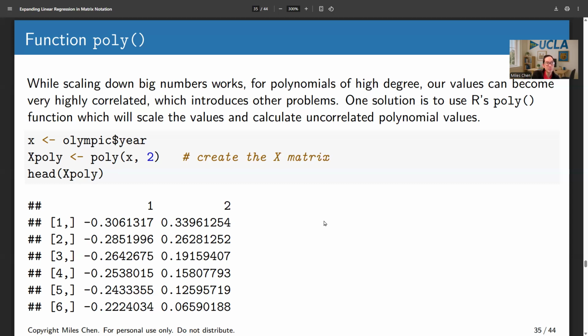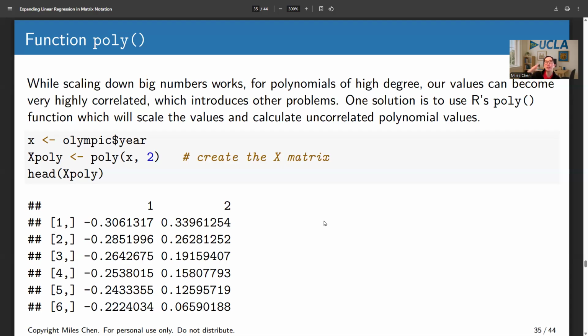Basically, as x gets bigger, x squared gets bigger. As x squared gets bigger, x cubed gets bigger. As x cubed gets bigger, x to the fourth gets bigger. You end up getting correlations of 0.99, 0.98, things like that, and you run into the same kind of issues of multicollinearity, right?